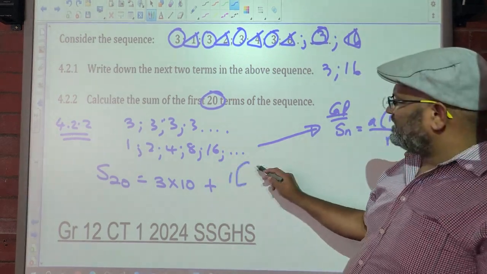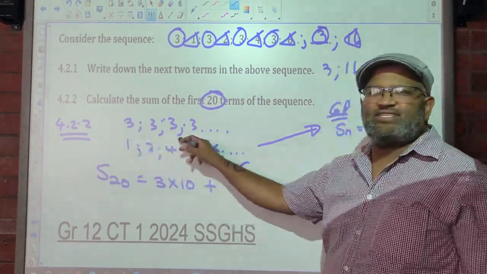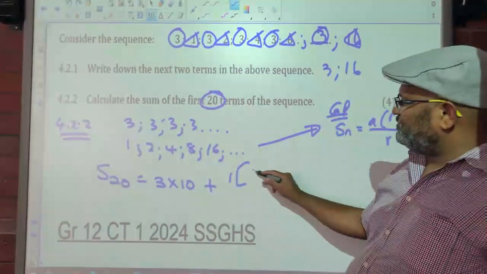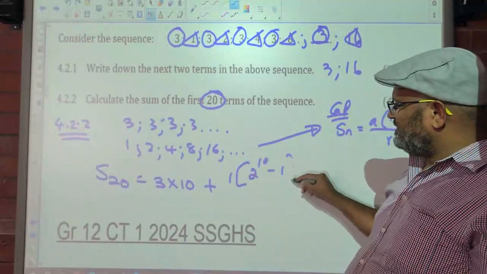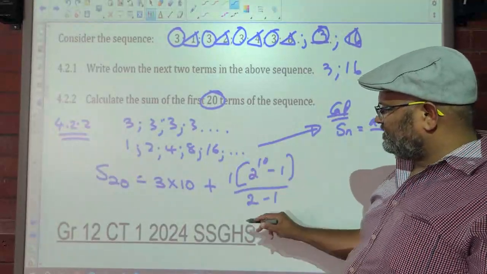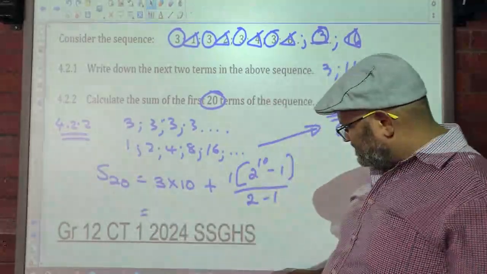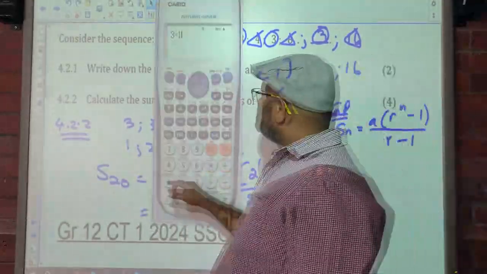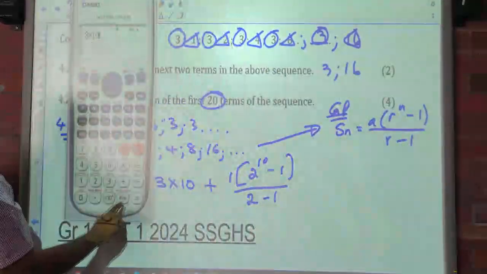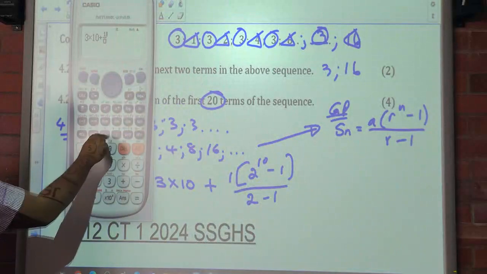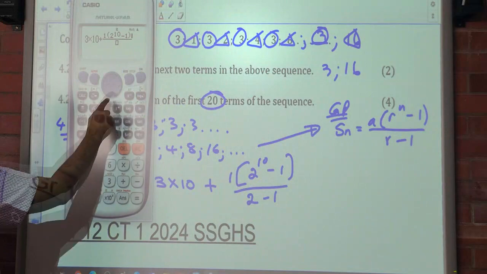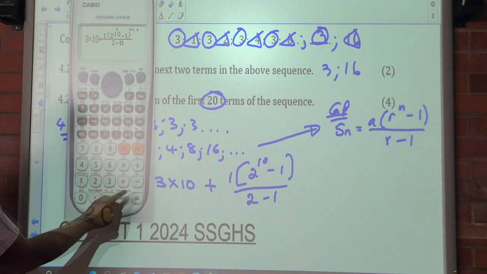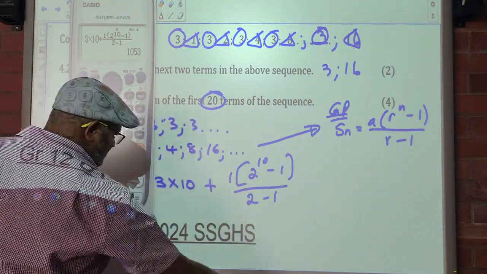How do I move from one term to the next? Times by 2. How many terms are there? 10. Minus 1 over 2 minus 1. You put that in a calculator. It's 3 times 10 plus 1 times 2 to the 10 minus 1 over 2 minus 1. 1053.